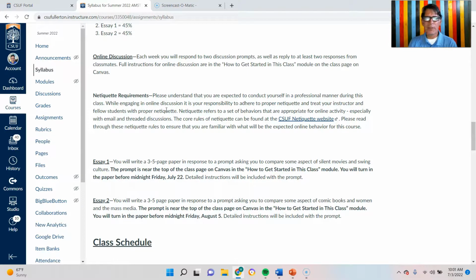I always worry about this, and it's never been an issue in any of my classes, but yet at the beginning of the class, I always worry about somebody being a troll and doing mean things and saying mean things. Don't do that. That will go poorly for you. Treat people in the way you would like to be treated. Treat people the way you would like loved ones in your life to be treated.